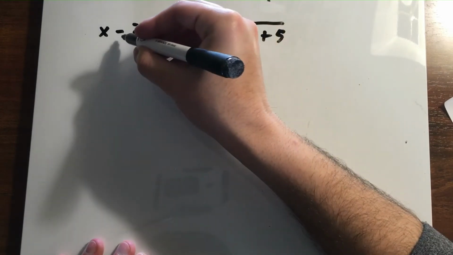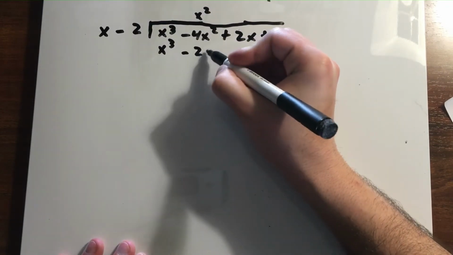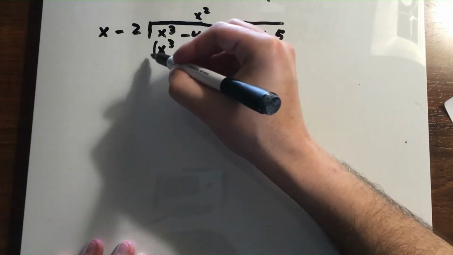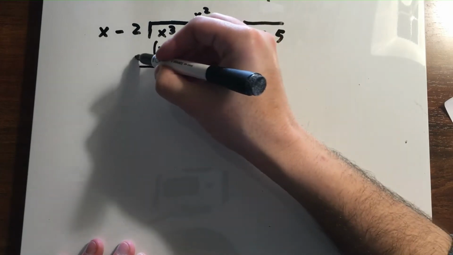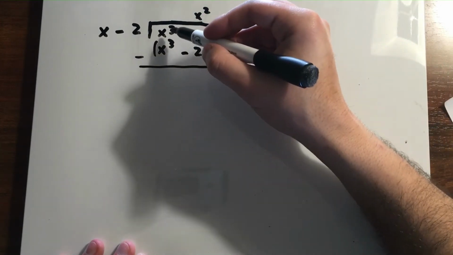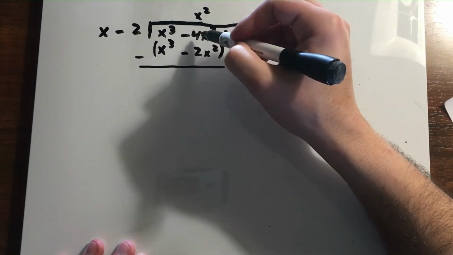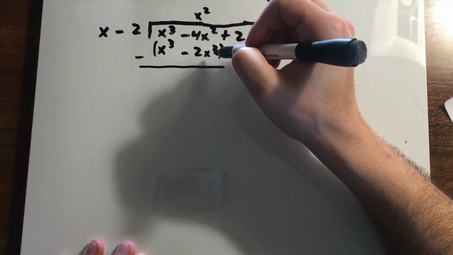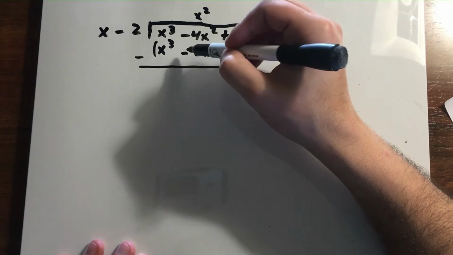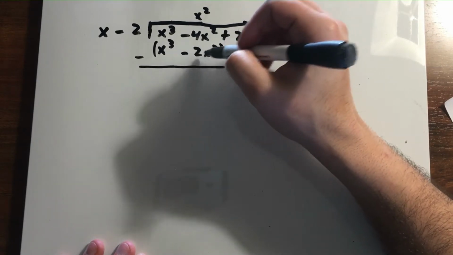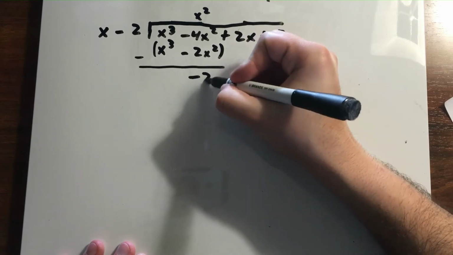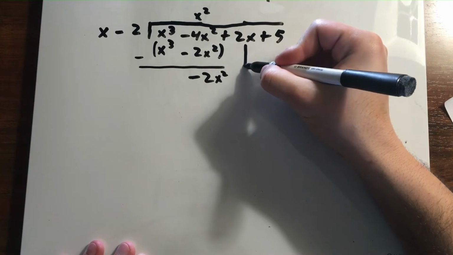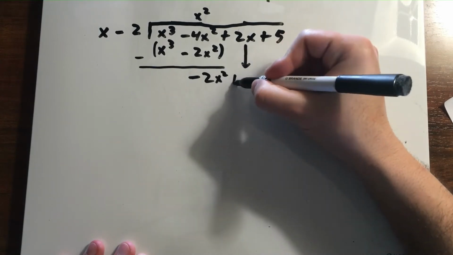X squared times negative 2 is negative 2x squared. Put it in parentheses, subtract. X cubed minus x cubed is 0. Negative 4x squared minus negative 2x squared, that's like saying negative 4x squared plus 2x squared, which is negative 2x squared. Now we're going to bring this term down, plus 2x.